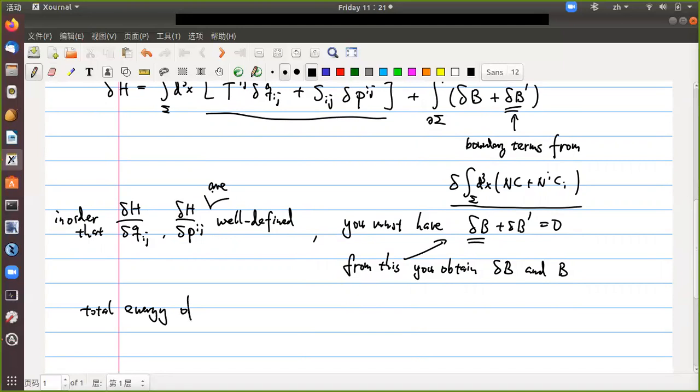Actually it is not only the gravitational field, it's everything inside spacetime, namely gravity plus all the matter.